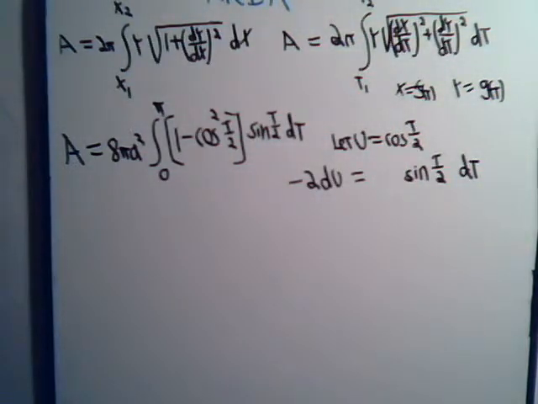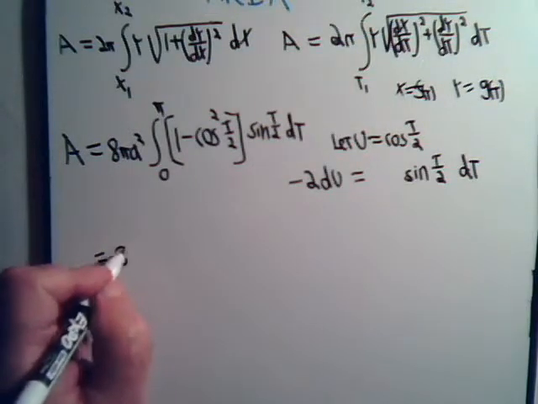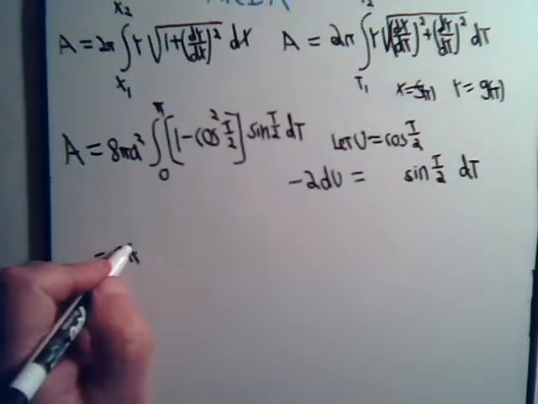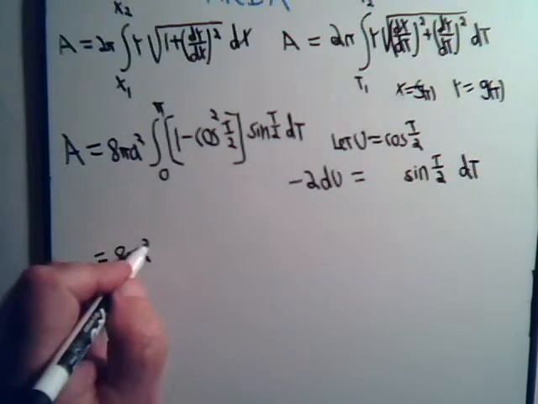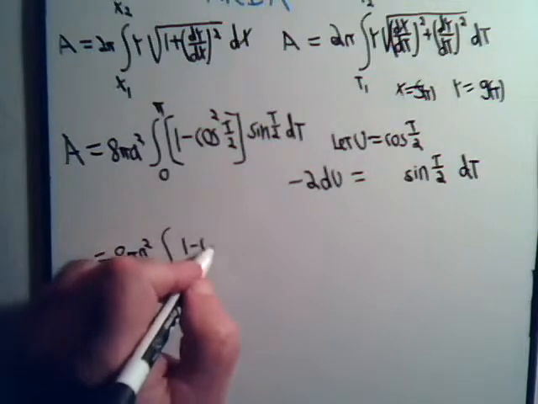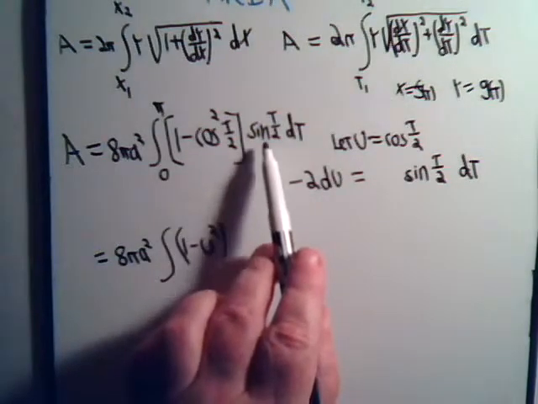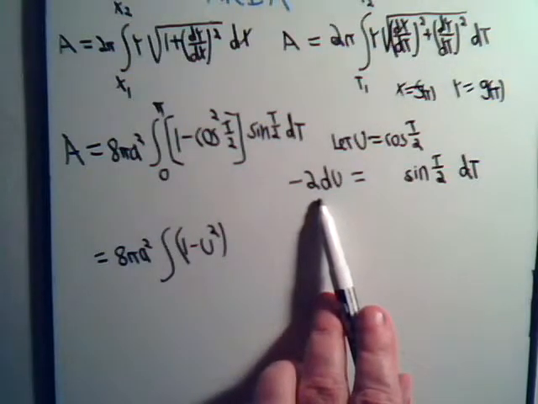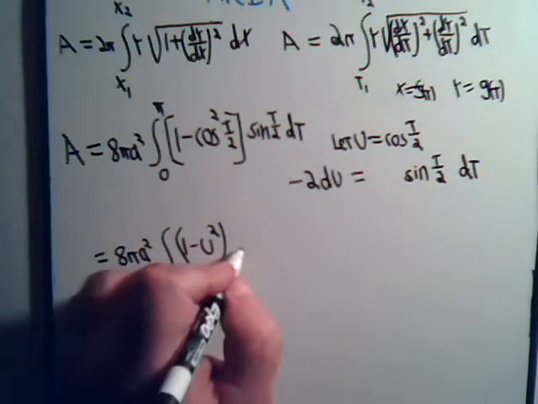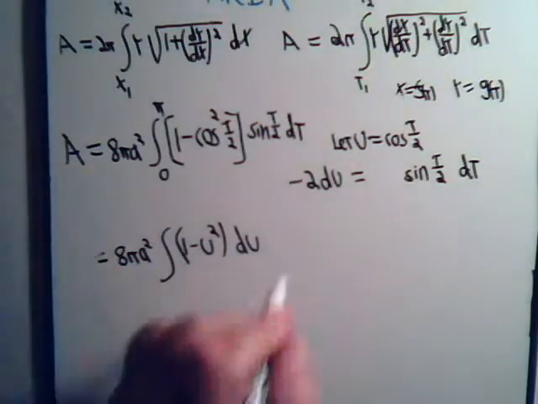So now, our integral will look like this. 8 pi times a squared, and this will be 1 minus u squared, and this, that's minus 2 times du. So we have du and minus 2 out here.